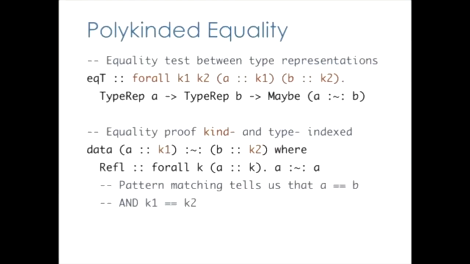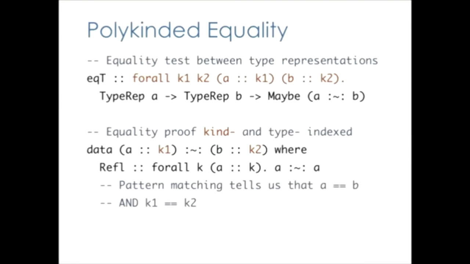And that means that this result that we have, this equality proof, has to be able to talk about things that may have different kinds. So the equality proof has to allow A to have one kind and B to have another kind. But we still have the same single constructor for it, reflexivity, that says that you can only prove equality when everything is the same.